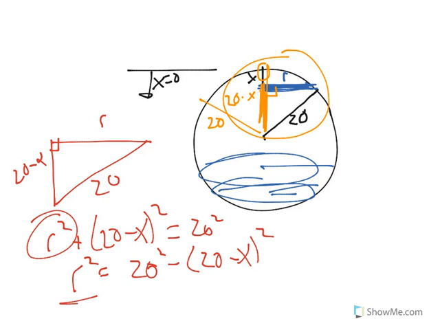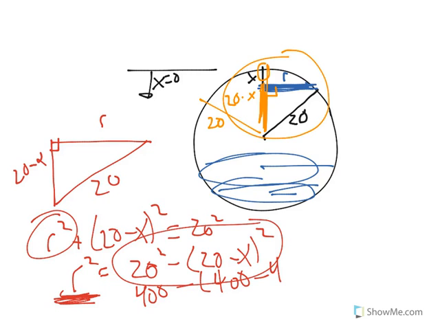And if you remember our formula, we're looking for r squared. Well, here it is. We found it. If you want to simplify this, it's 400 minus 40x plus x squared, which simplifies into 40x minus x squared. That is r squared.